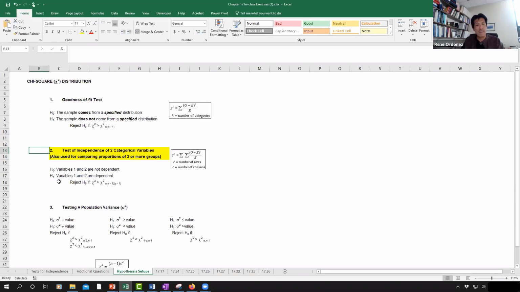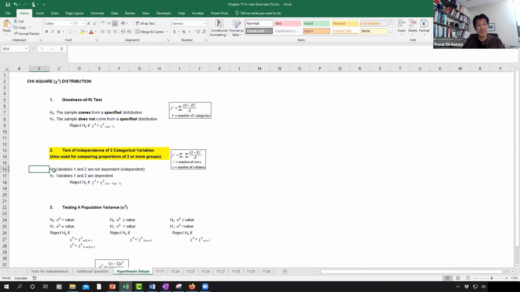Here's how we set up the hypothesis for testing independence of two categorical variables. The null hypothesis says variables 1 and 2 are not dependent. In other words, these two variables are independent.